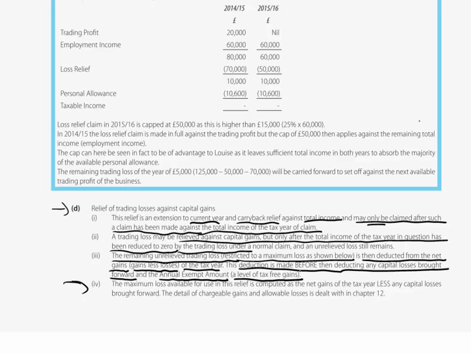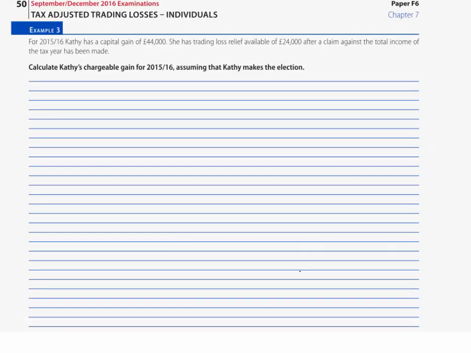Well, your AEA, your annual exempt amount, is in CGT a level of tax-free gains. A level which for this tax year, 2015-16, is £11,100. That is our AEA. Okay, on that basis I'll come again to the maximum loss in a moment's time. But let's just go over the page and look at a little example.